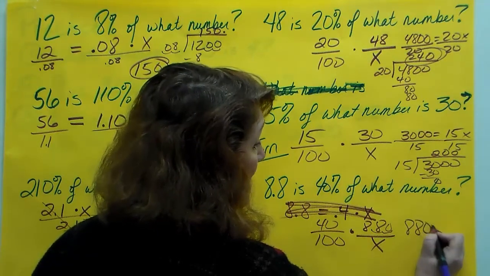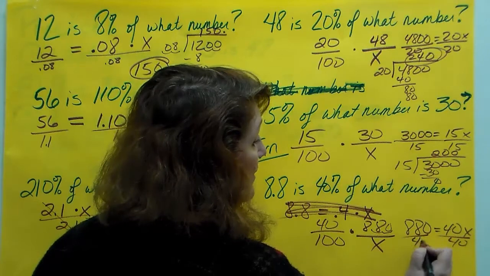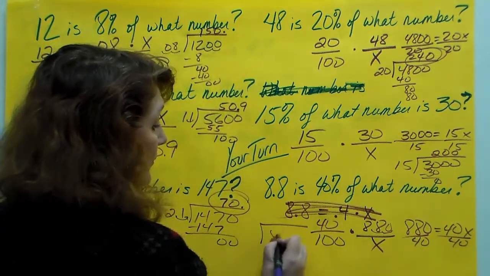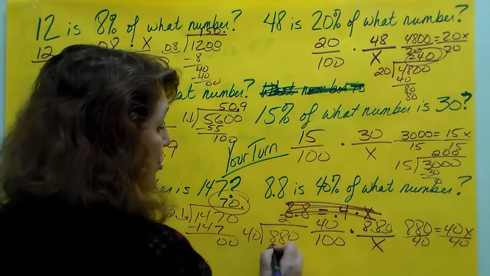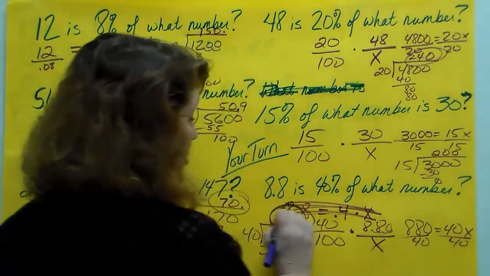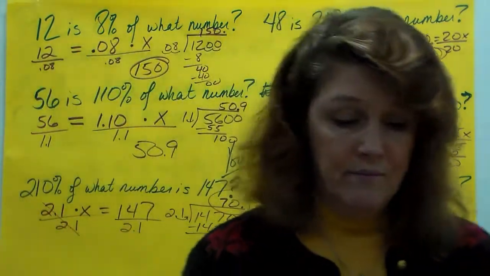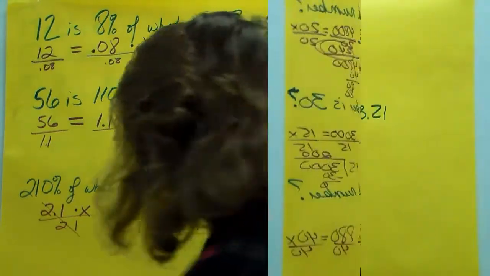So 880 equals 40x. Divide by 40. 880 divided by 40 is 22. How'd you do? Not so bad. A little bit of math, but it's not hard.